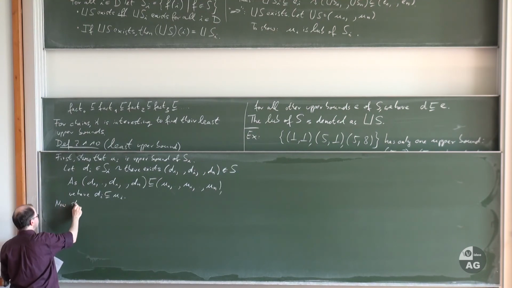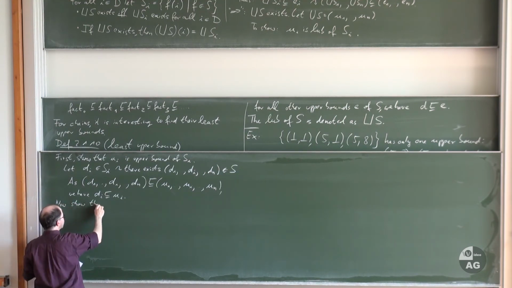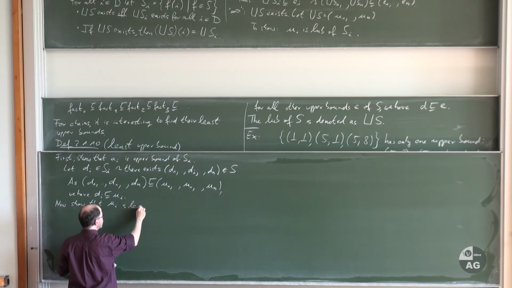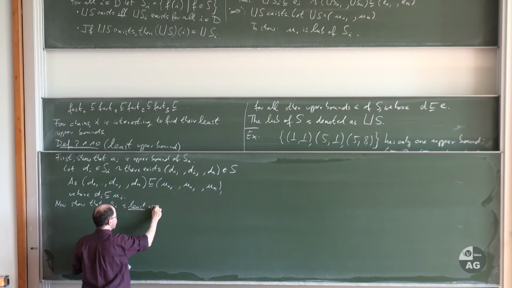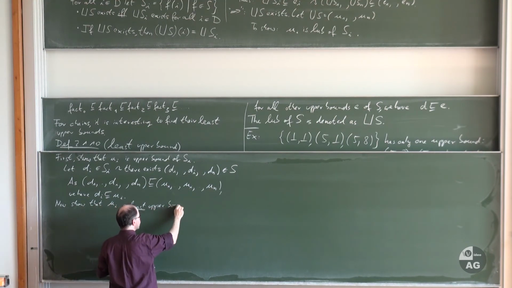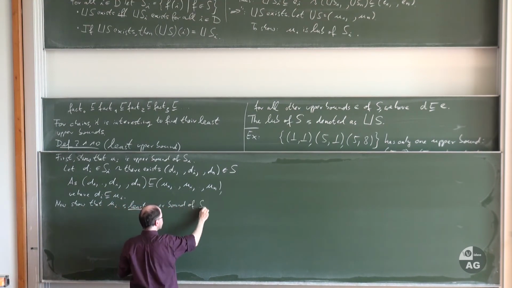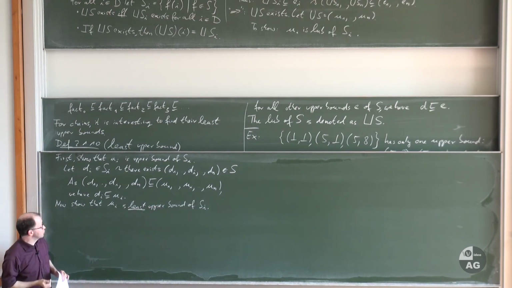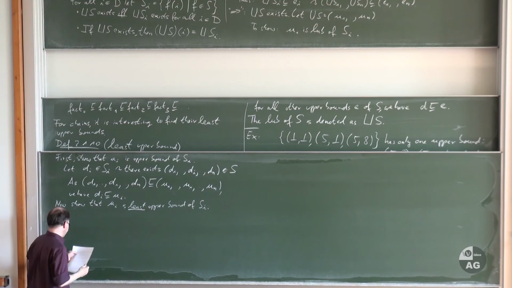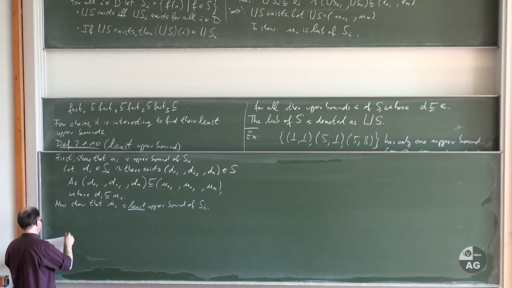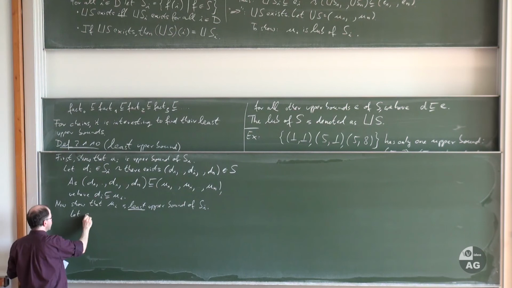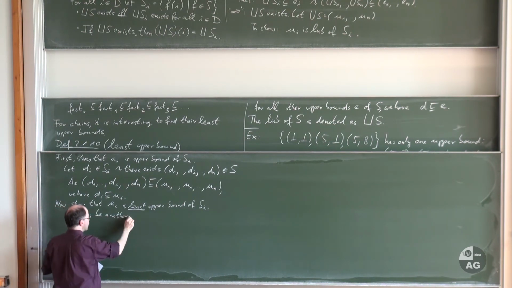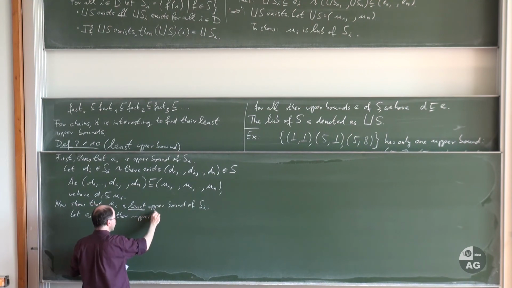And now we have to show that UI is the least upper bound of SI. Well, again, the same trick as before. Let's assume there's another upper bound of SI. So let EI be another upper bound of SI.